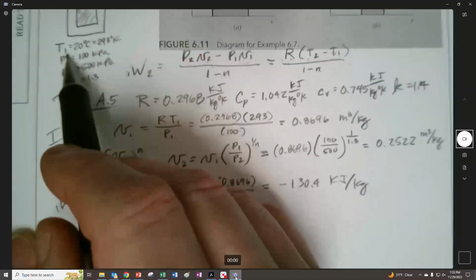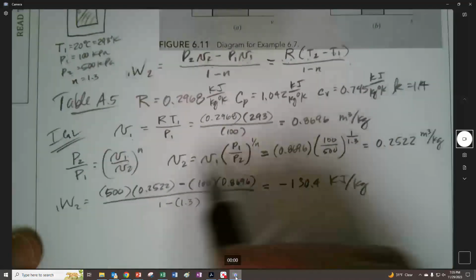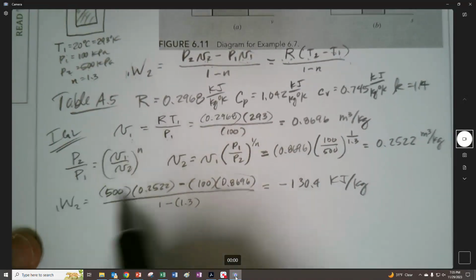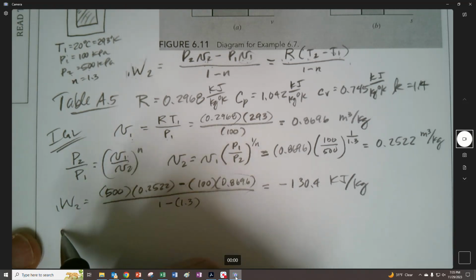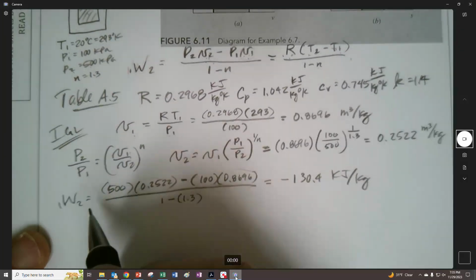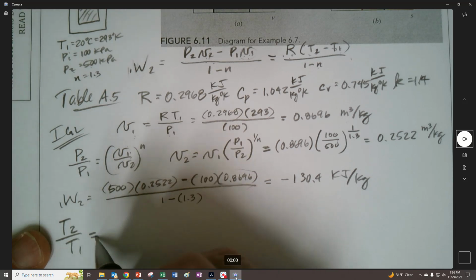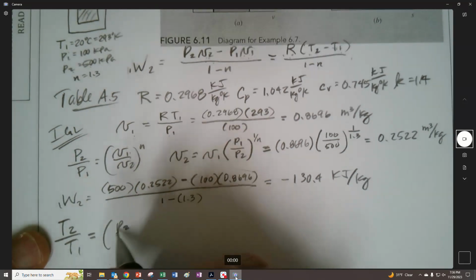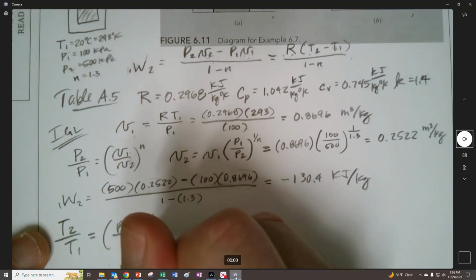The alternate approach that you could have taken, and what's written down in the book, is we had T1, P1, and P2, so we could have, instead of using this equation right there, maybe we do want to know what the second temperature is, so we will write that here. So we would use T2 over T1 equals P2 over P1 raised to the n minus 1 over n.